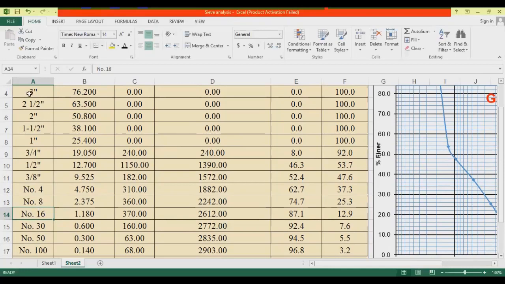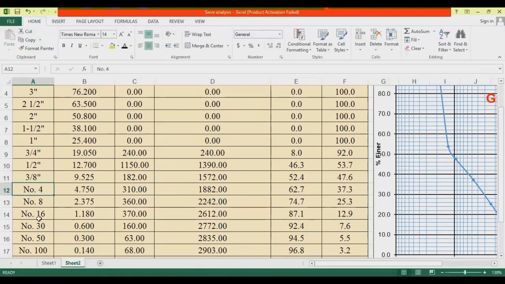So from 3-inch sieve till 3/8-inch sieve, they are known as coarse sieves, and they are represented by their direct sizes, and the other sieve sets, like from sieve number 4 to sieve number 200, they are known as fine sieves, and they are represented by the numbers.